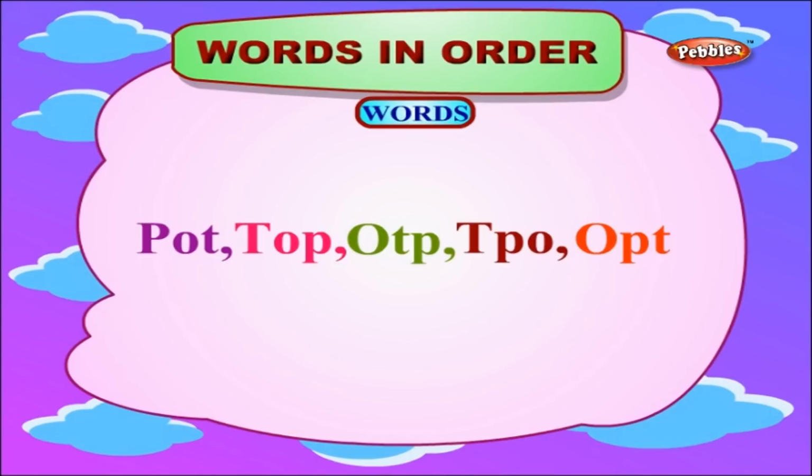There are 6 different groups of letters, but the words pot, top and opt are the 3 words that have meaning. So, only these 3 groups of letters or alphabets are called words.